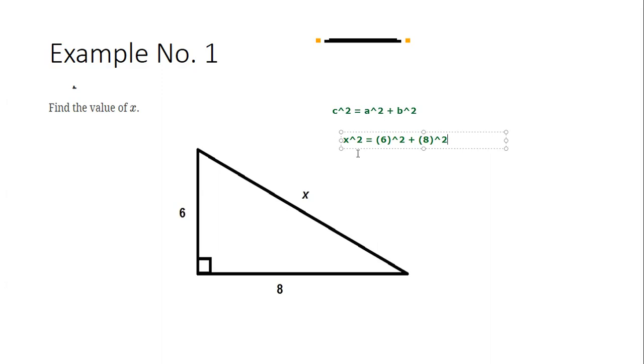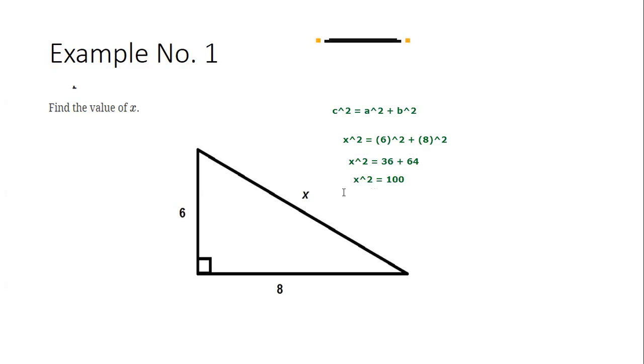squared. Of course, we're going to evaluate 6 squared and 8 squared. So this will become x squared equals 36 plus 64. Evaluating the sum of 36 and 64, x squared equals 100.